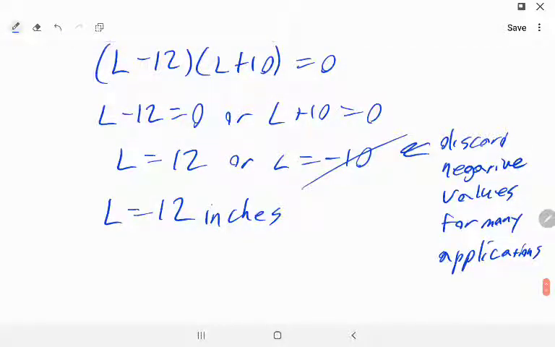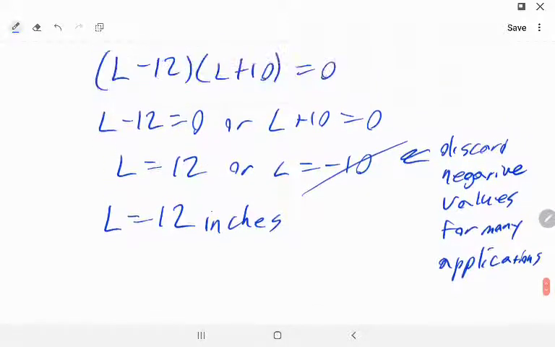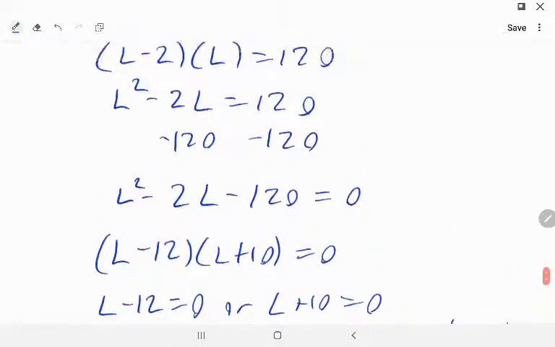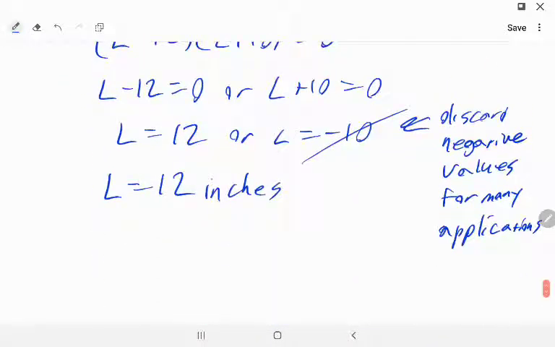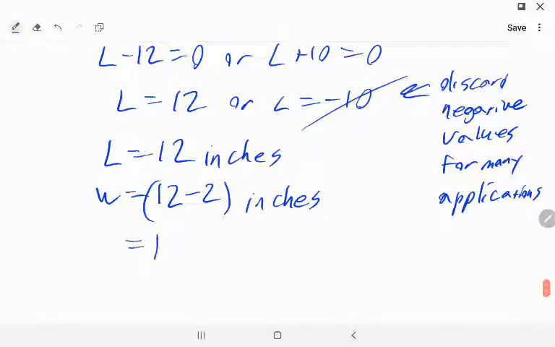We don't want the painting to be negative 10 inches long. We can go back, we said the width was L minus 2, and the length is 12 inches, so the width has to be 12 minus 2, which means the width is 10 inches. And we can verify: 12 inches times 10 inches gives us the 120 square inches we were looking for.